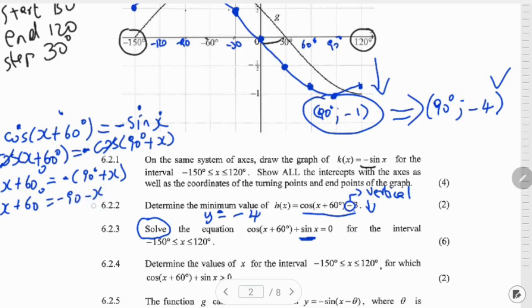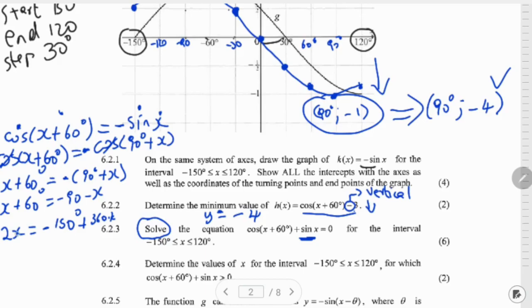This is just basic algebra now. On that side it's going to be x plus x, which is 2x, which equals 90 minus 60, which will then be minus 150. All right. And then what we do is divide both sides by 2. Therefore, okay, we are at 150 before. We need to make it general. So I'm just going to add 360k, and then divide everywhere by 2.